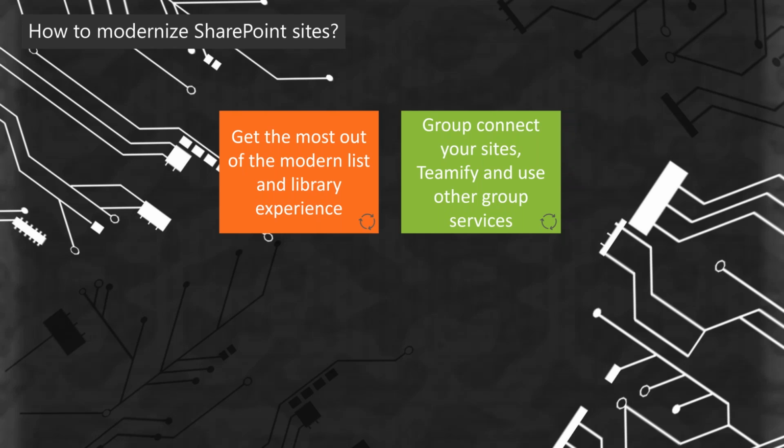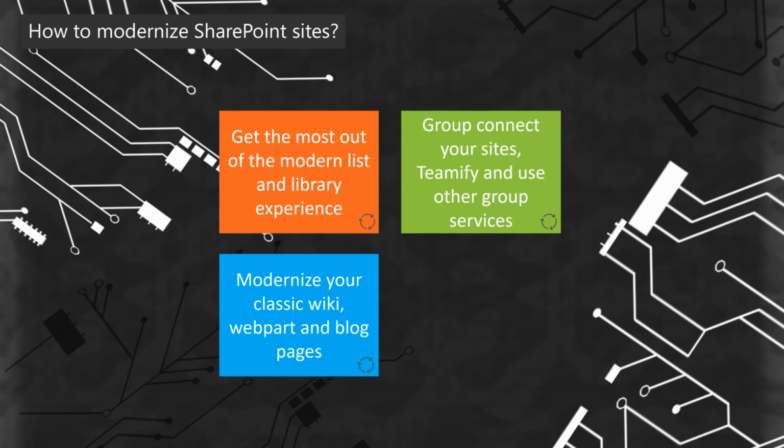So with the group in place, you can take the next step and teamify your site, essentially saying, create me a team for this site. At that point, your old site is now like a modern site because it has a Teams team connected to it. If you go to the Teams team, you see the files in your shared documents from your old site, for example. So things are nicely getting connected together and providing modern value to you.